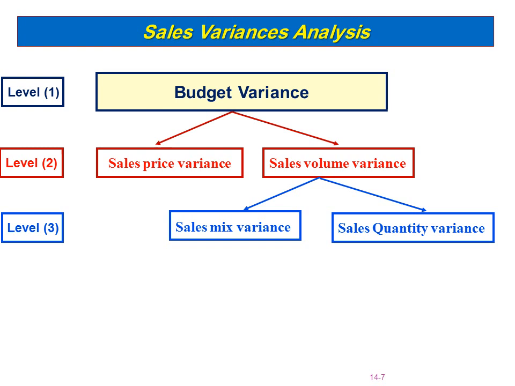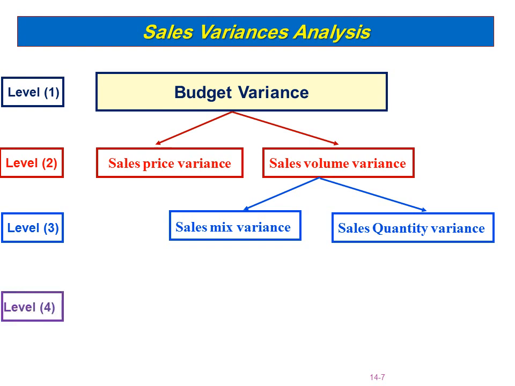So the total of the mix and quantity variances must equal sales volume variance. Maybe I give you sales volume and sales mix, and you have to know that the difference between them will equal sales quantity. Very important.